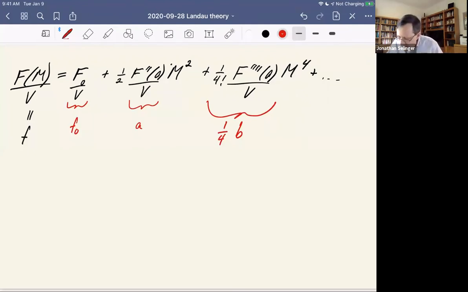And so that means here B is equal to 6 times f quadruple prime of 0. Since I didn't know what these coefficients were anyway, I can take something I don't know and multiply it by 6, and it's a different thing that I don't know.